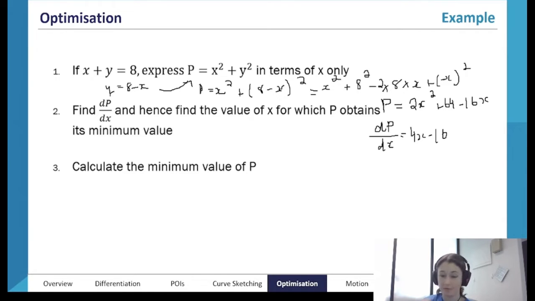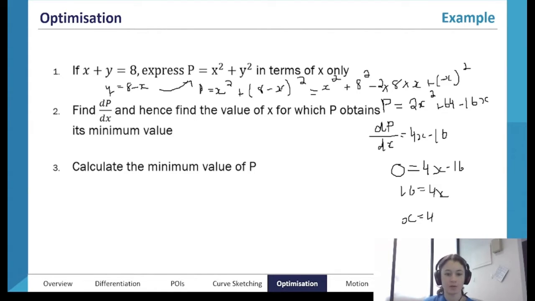So remember, when we're finding a minimum or maximum value, that's going to occur at the stationary point. So we need to find when this derivative is equal to 0. So we're going to let this equal 0. So we're going to get 16 equals 4x. x is equal to 4.